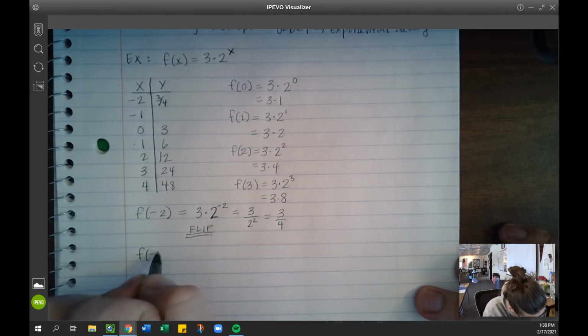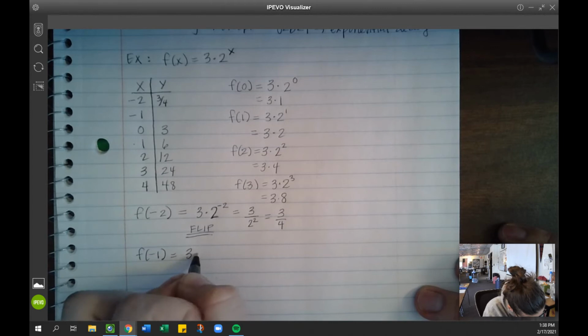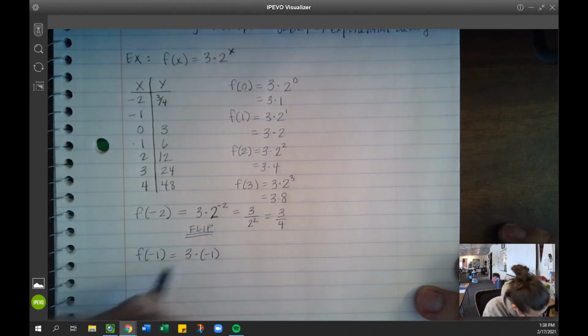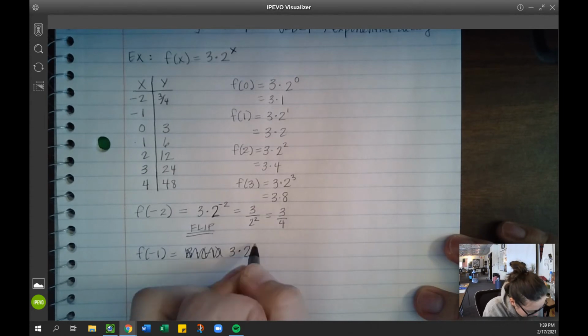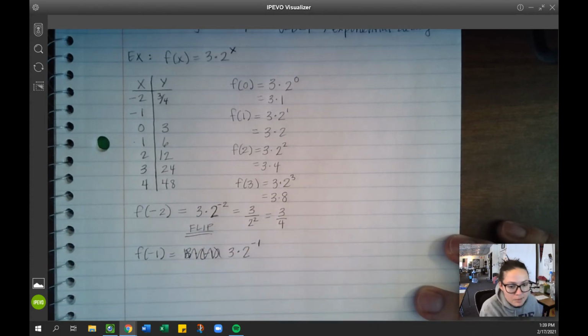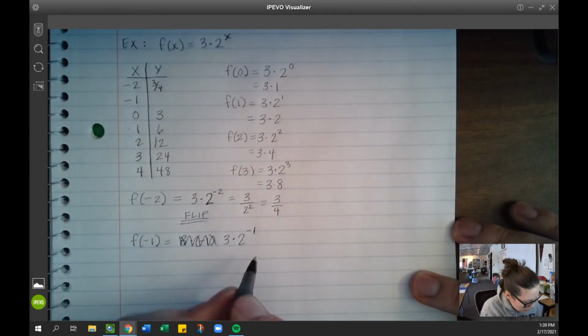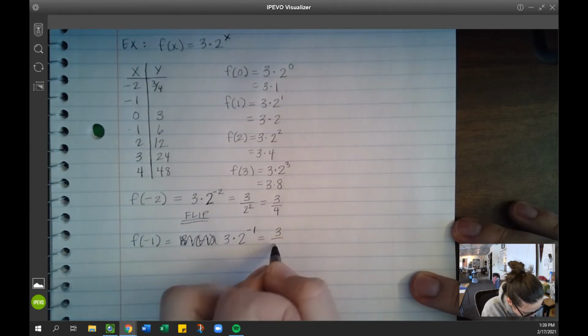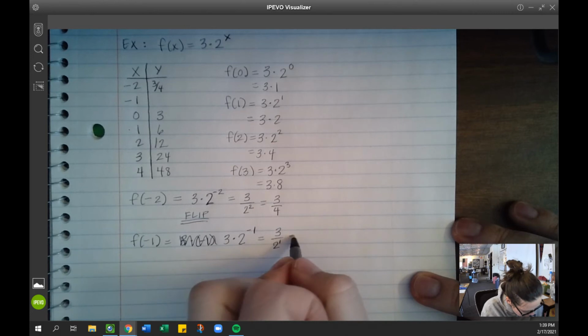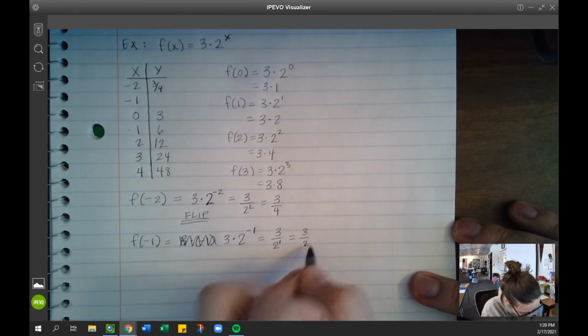All right, f of negative 1. 3 times 2 to the negative 1. x is our exponent. All right, so again, I need to flip this. So this becomes 3 over 2 to the first, which is just 3 over 2.